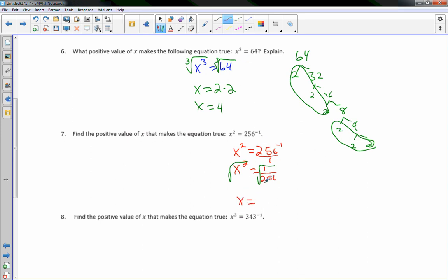Now, if I have a fraction under a square root symbol, then I can distribute that square root to the numerator and to the denominator, and I can split it up like this. And the square root of 1 is 1.